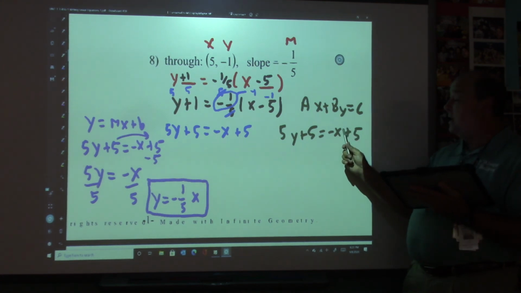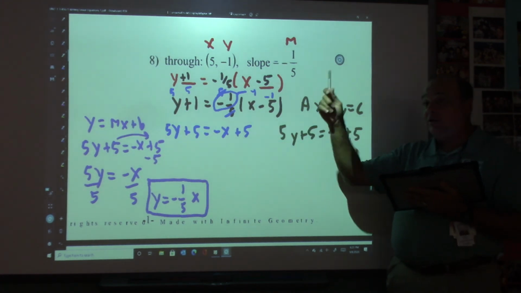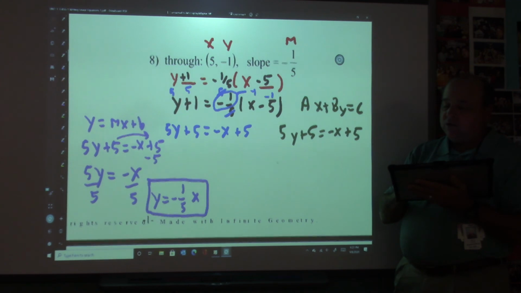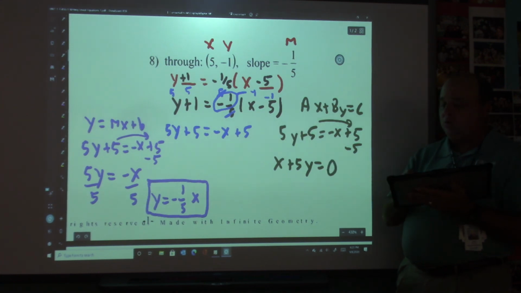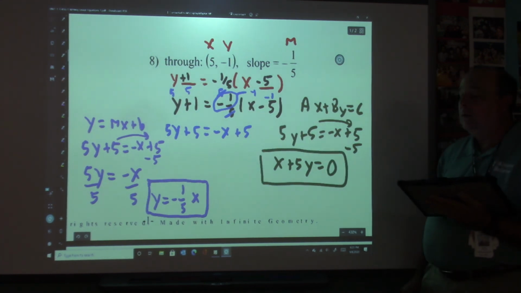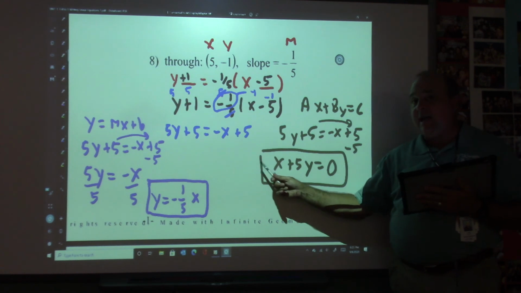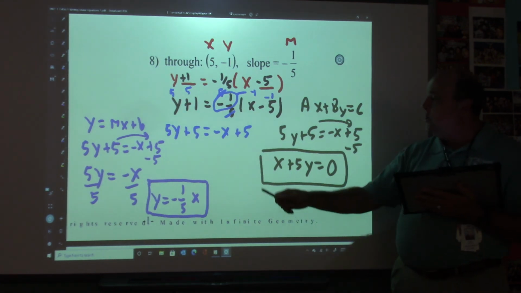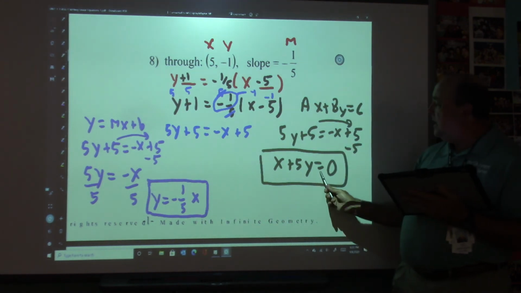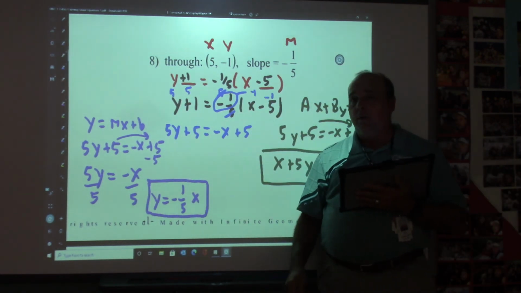I'm going to take the negative x, move it over here, and it's going to change to a positive x. So x plus 5y equals, take this 5, move it over, and you get 0, don't you? Boom, I got my standard. Remember, if your x is negative, you'll flip all the signs. So now I have my y-intercept, my standard, and my point slope.